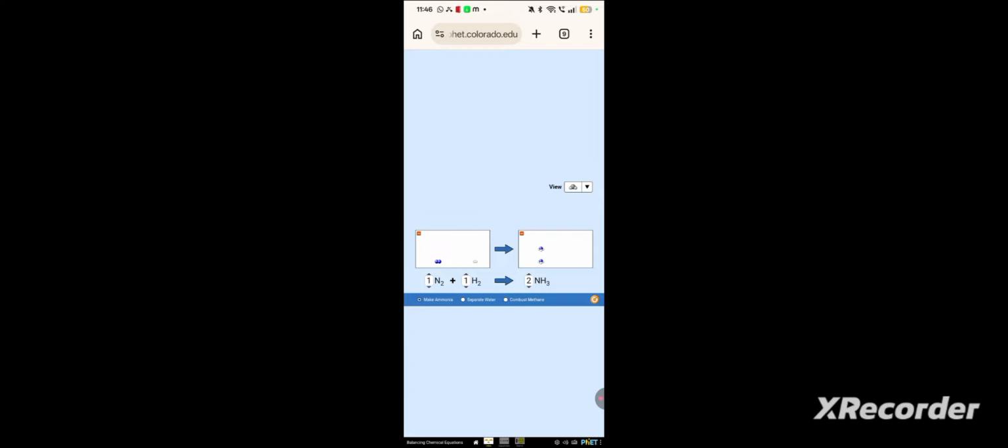Now we can take hydrogen. Hydrogen on the left hand side has only 2 atoms and on the right hand side 6 atoms, because the number 2 in front is multiplied by the subscript of hydrogen in the ammonia molecule. So 2 into 3 is equal to 6. So the number of hydrogens is 6.